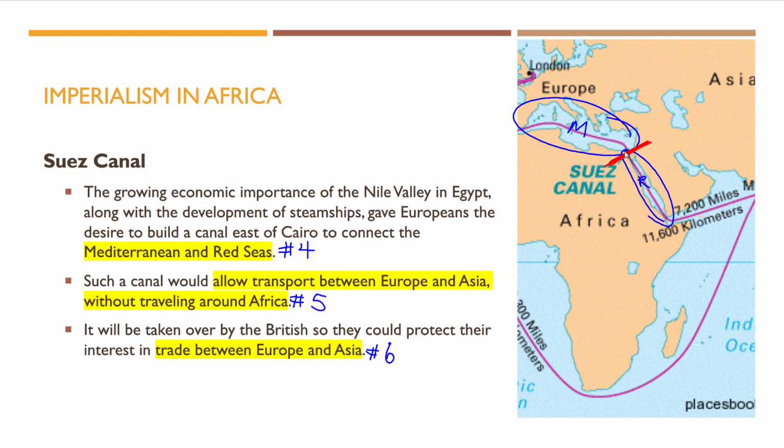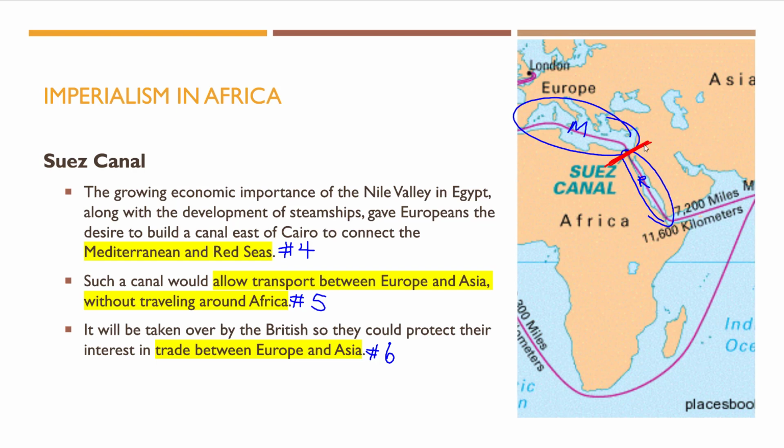This canal would be able to transport steamships from Europe easily through to Asia, right? And that would allow trade to happen much easier than having to go around the Cape of Africa, which is down here. That area is very treacherous. The waters are extremely dangerous, and of course it's much longer, right? So if they were able to build this canal, it would make it much easier to just go from Europe to Asia, right? And trade.